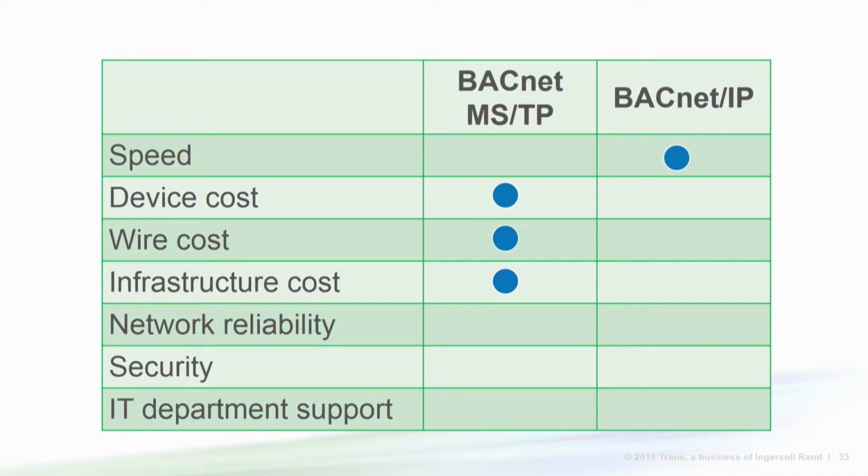Now on to network reliability. For a daisy chain network, if a wire is cut, on average, half the devices on the network will go down. If I cut an Ethernet cable, I only lose 1 device. But what about those 4 switches I installed? If one of them fails, I lose 10 devices.